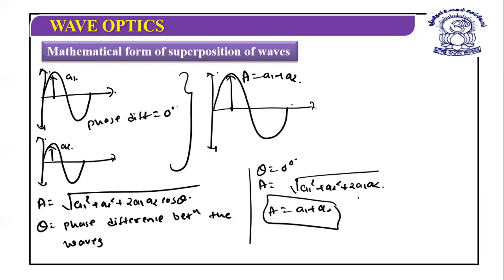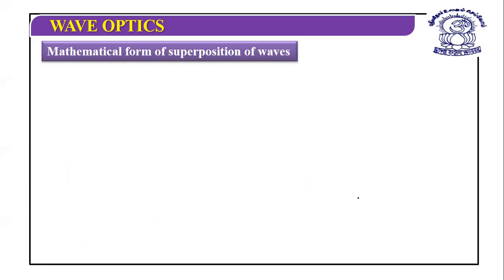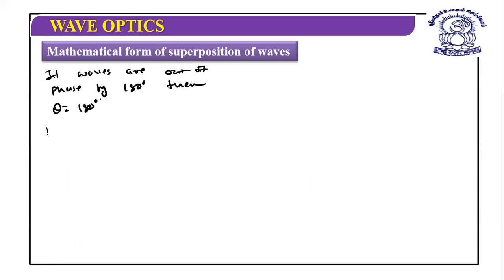If waves are out of phase by 180 degrees, then put theta equals 180 degrees in this equation, and we will get A equals under root A1 square plus A2 square plus 2 A1 A2 cos 180 degrees.